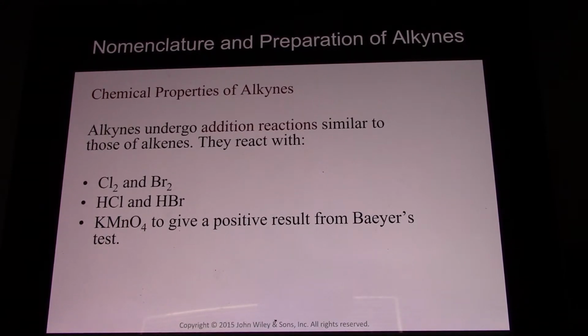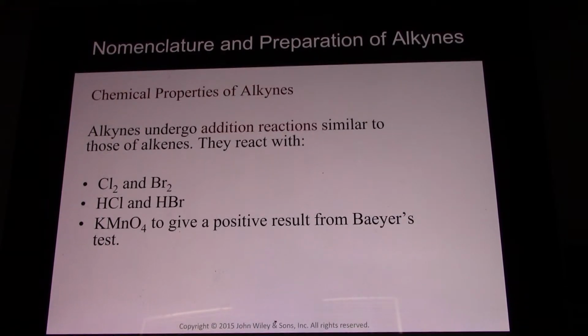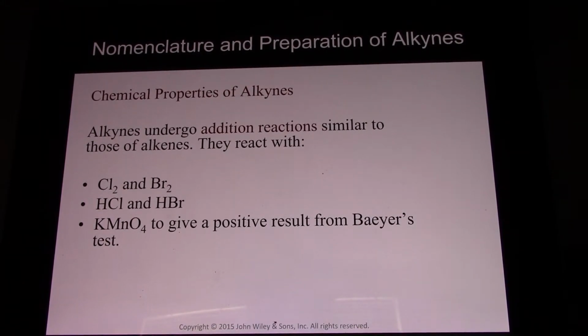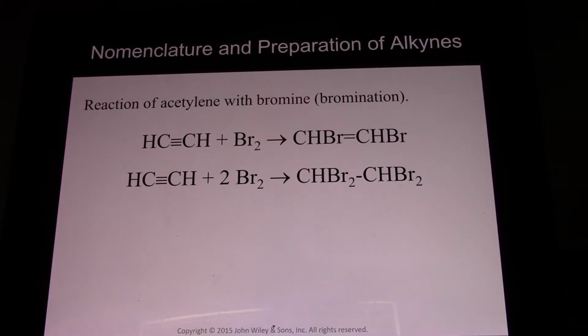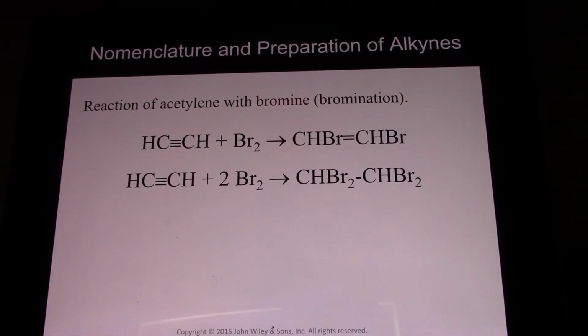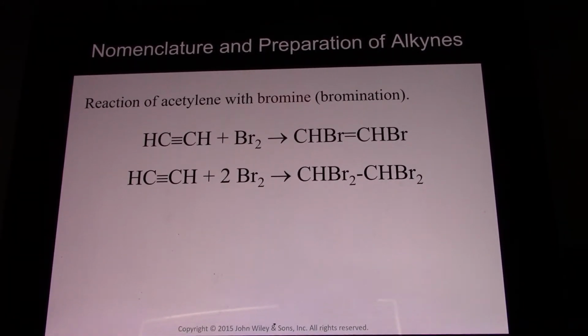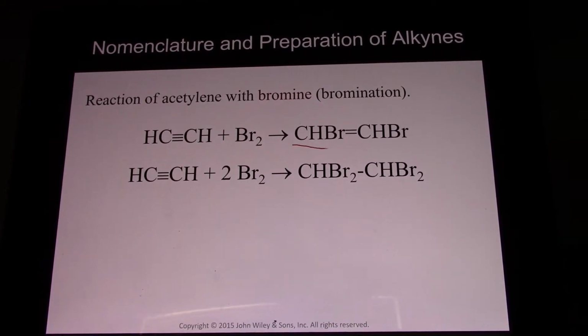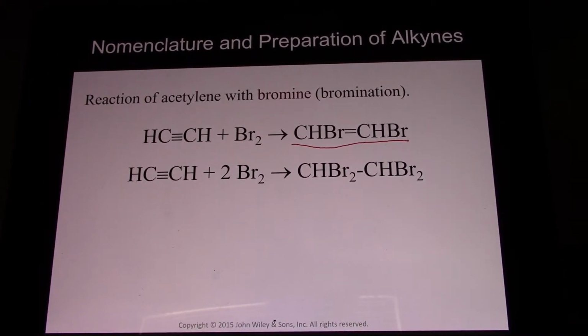They'll react with the hydrohalides like hydrogen chloride and hydrogen bromide. And they react with potassium permanganate to give a positive result. Again, it's very difficult to stop it here, because in general the alkene is actually more reactive than the alkyne, and so if it reacts once, it almost always just reacts again, even faster.